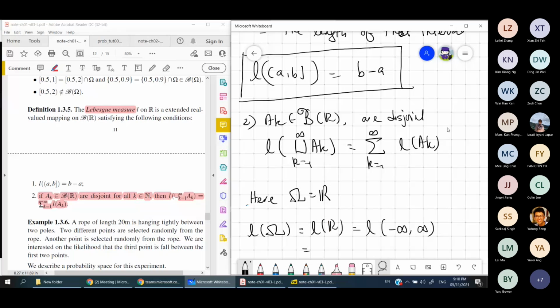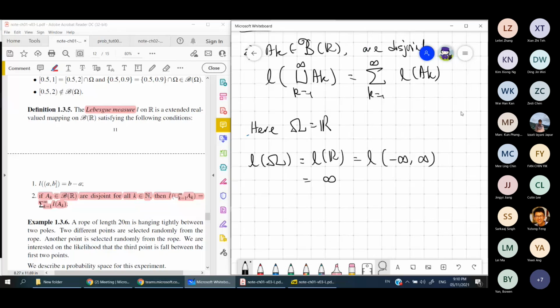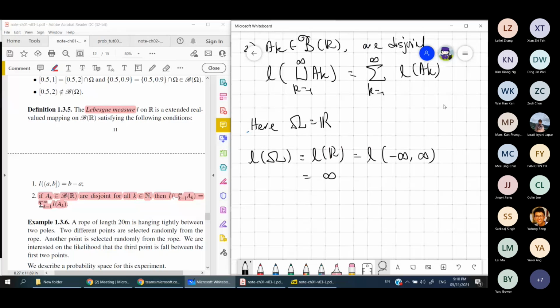This is actually infinity, so this is not equal to 1. That's why a Lebesgue measure is not a probability measure. This is why we call it a measure instead of a probability measure.